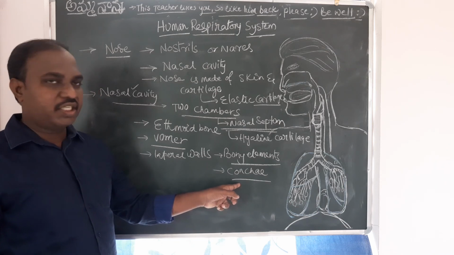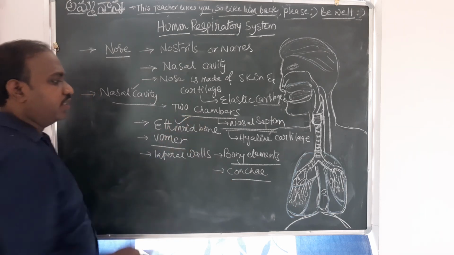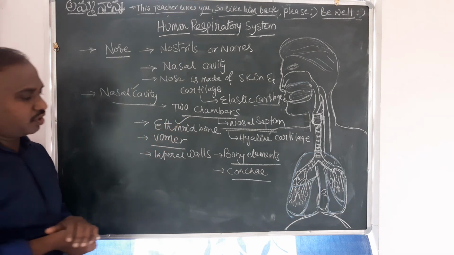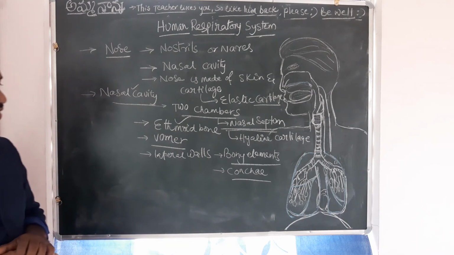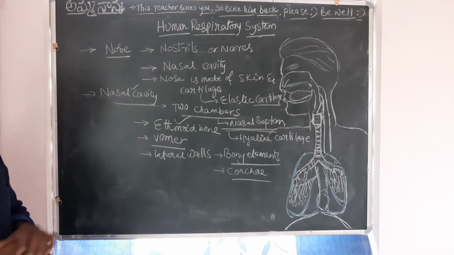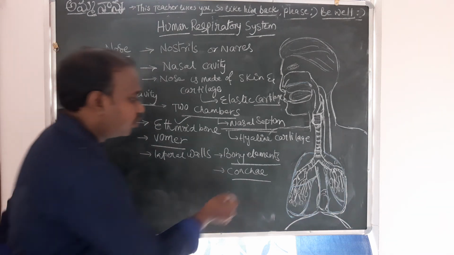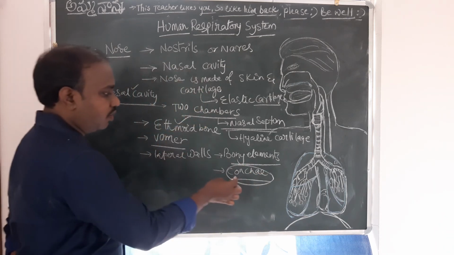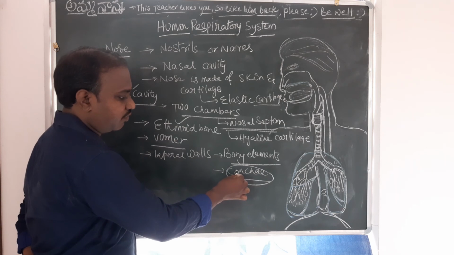These are actually part of the ethmoid bone itself. There are three kinds of conchae: superior and inferior conchae, and one more set of conchae. So what do they do?